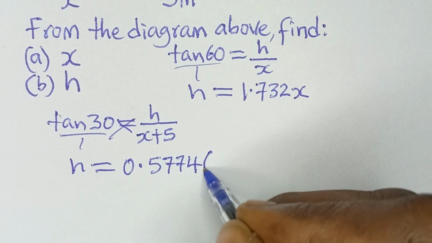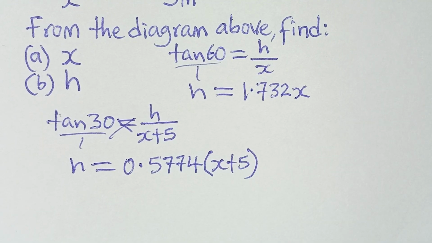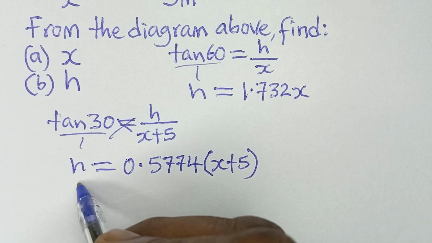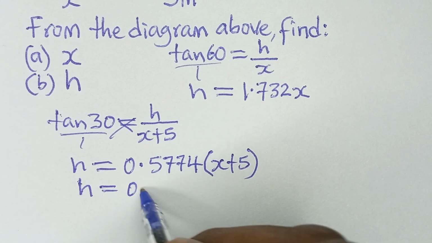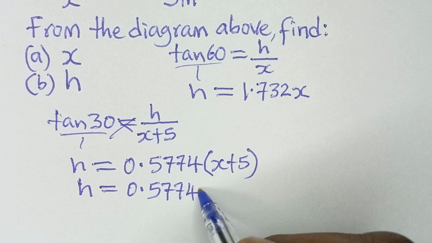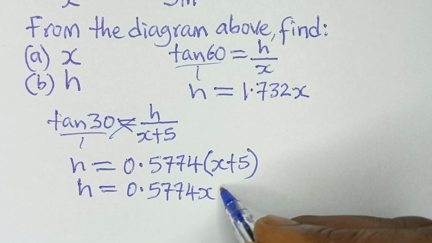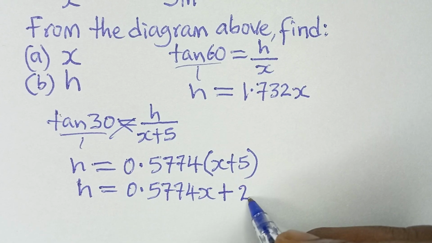So I'm going to put the x plus 5 in brackets. Then the next thing for us to do is to expand this bracket. So I have h is equal to this multiplied by x will give me 0.5774x. And then this also multiplied by 5 because we are expanding the bracket. So that will give us plus this multiplied by 5 will give me 2.887.